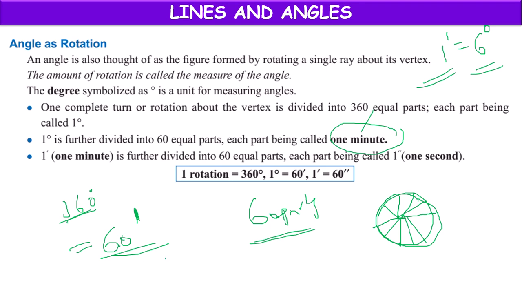Again, this 1 minute part is divided into 60 equal parts, and each part is called a second, shown with double quotes, or 2 lines, or 2 apostrophes.